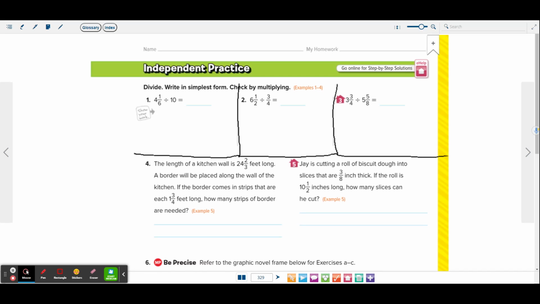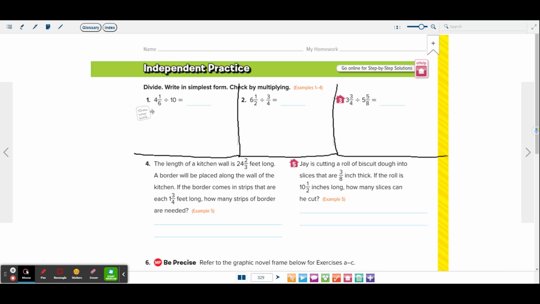We will be having a Kahoot and a Quizizz to help you study, but the best way for you to study is for you to work the problems out yourself. You can work out problems again from our lesson. You can work out the guided practice problems or anything that's in the book.